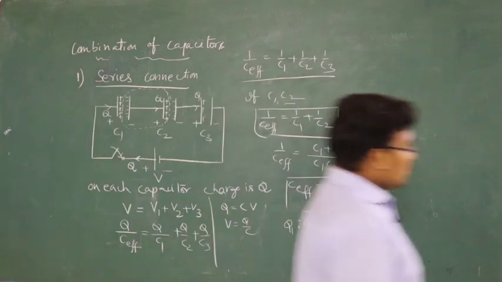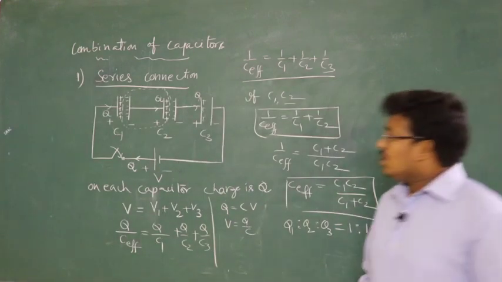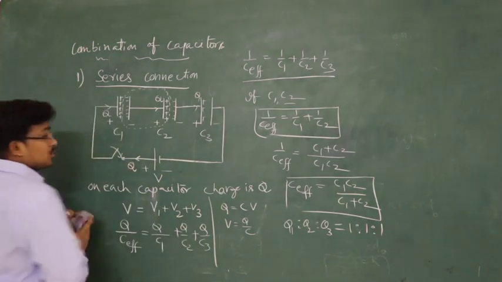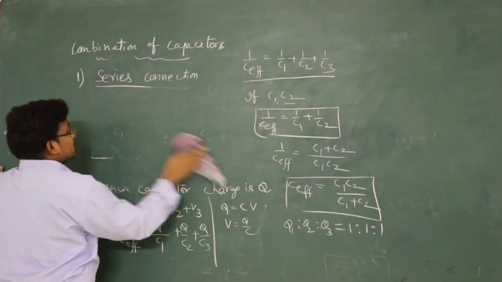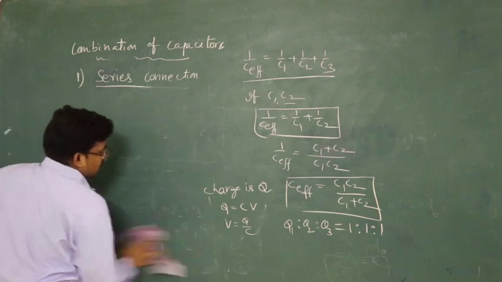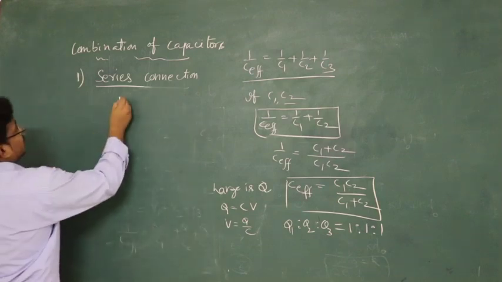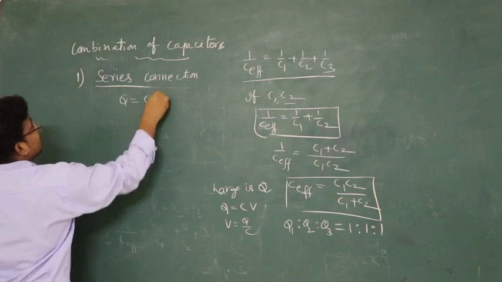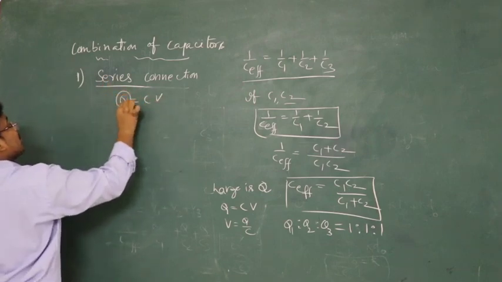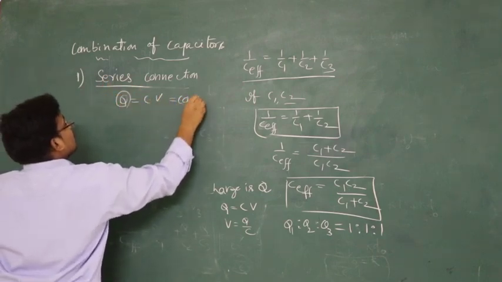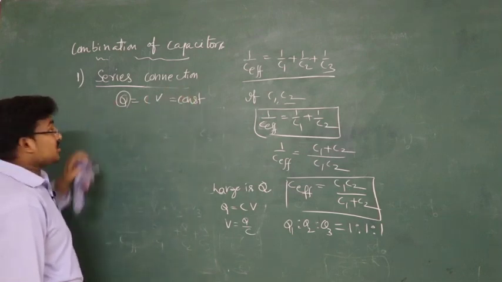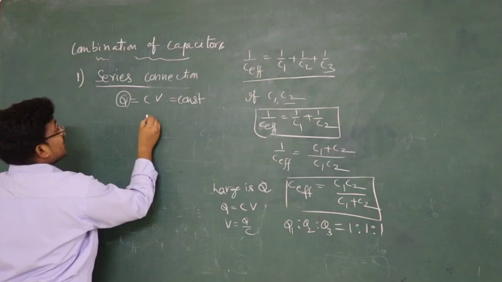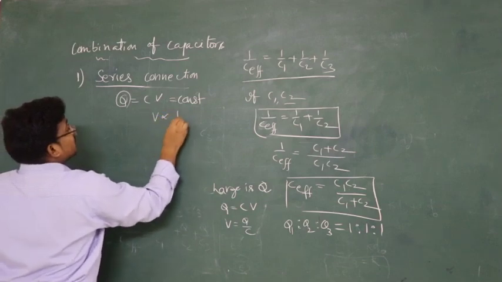Now if they ask you what is the ratio of the voltages, as you know that Q is equal to CV, but in series connection Q is constant. Charge through everything is the same, meaning Q is constant. So when Q is constant, can I write V is inversely proportional to C?